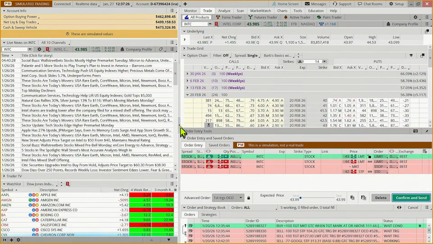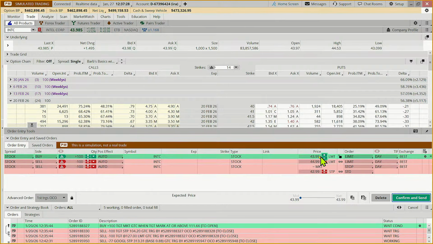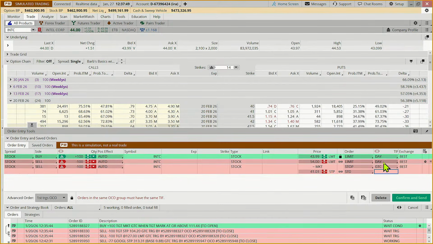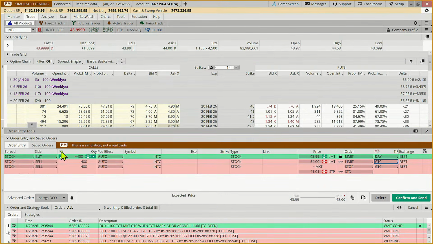We're going to put in our target of $54 and our exit at 41.01, and we're going to do 400 shares.